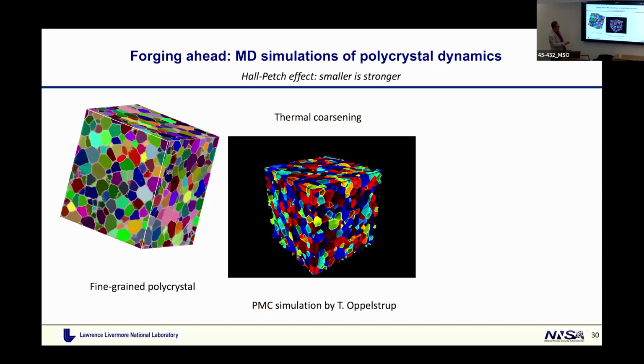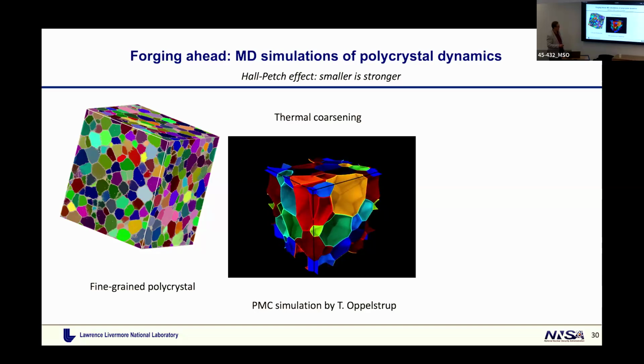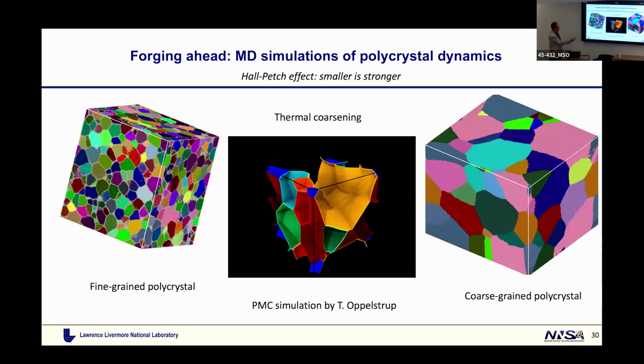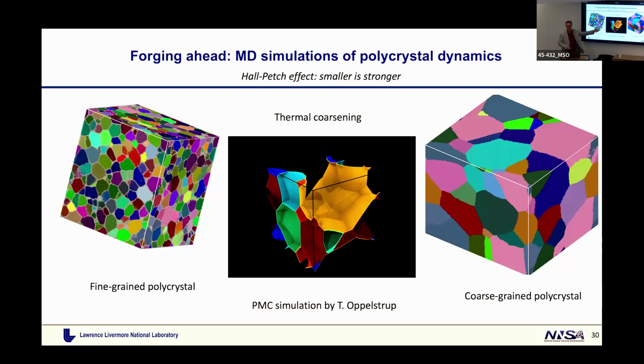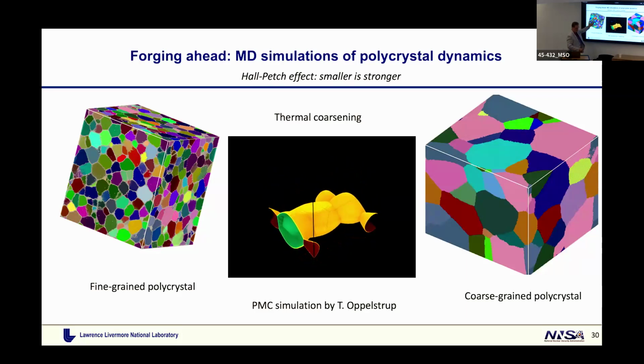In the movie you can see how grain coarsening happens, thermal coarsening in particular. This is a Potts Monte Carlo simulation with 200 billion spins, actually by Thomas Oppelstrup. It coarsens, and as a result of coarsening, the grain size increases. So presumably this is stronger, and this is weaker because the grains are larger.